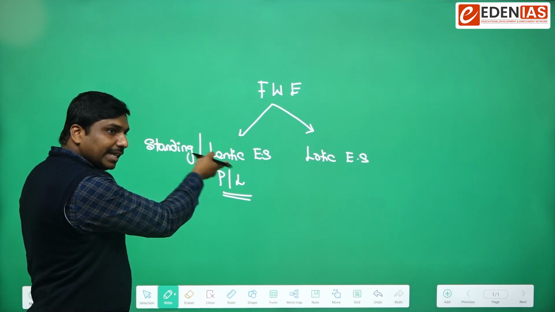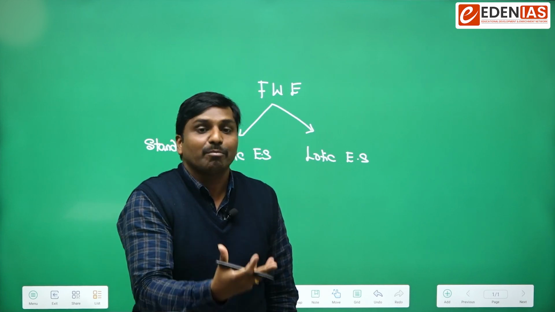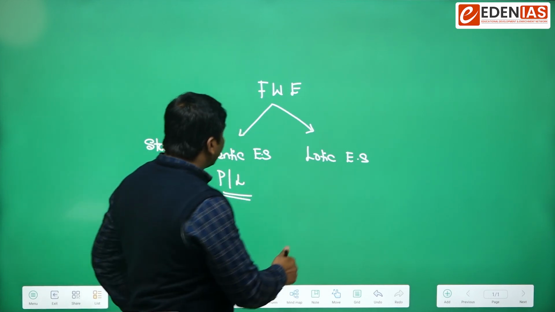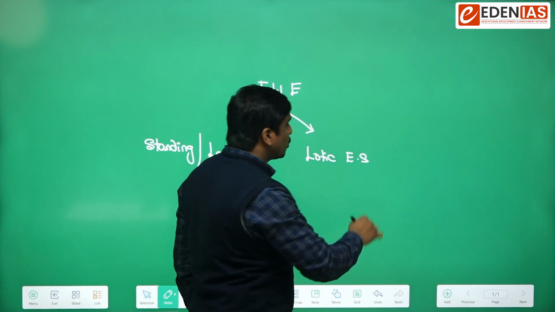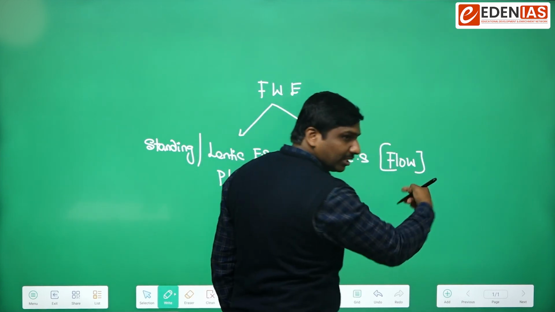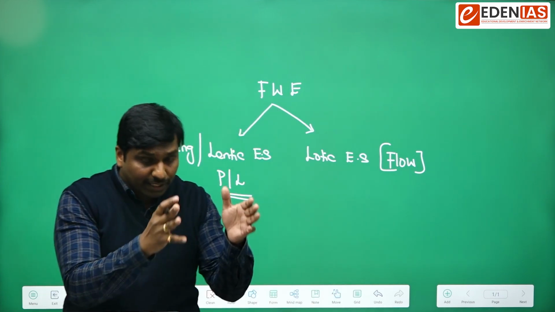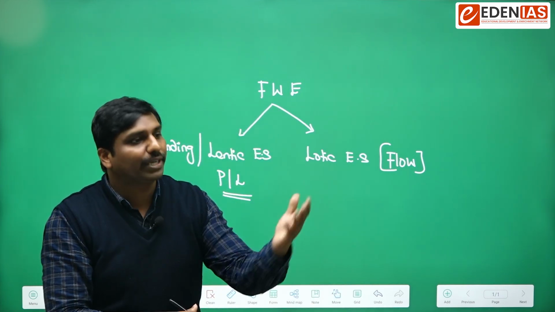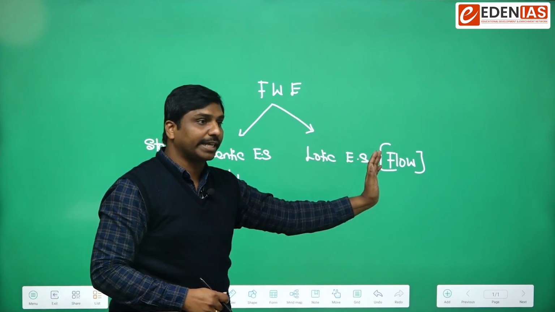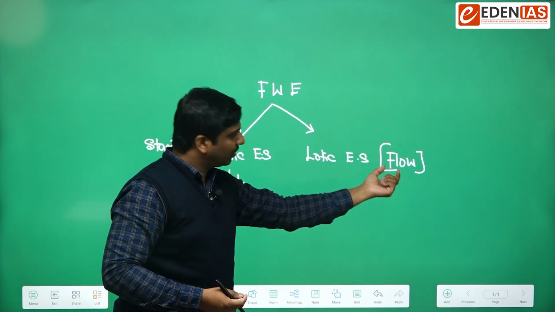If it is standing or stagnated, then that is known as a lentic ecosystem. And if the water is flowing, remember lotic, like low flow. If the water is flowing, then it is known as lotic, and such ecosystems are known as lotic ecosystems.